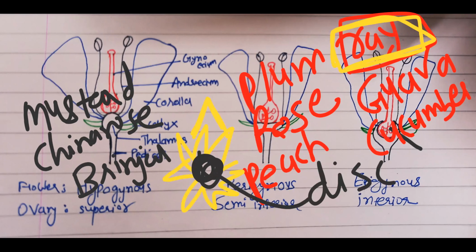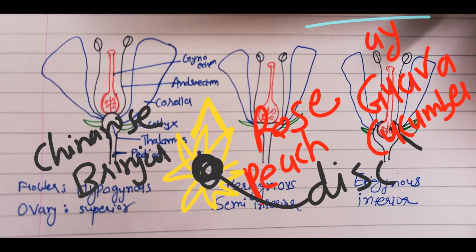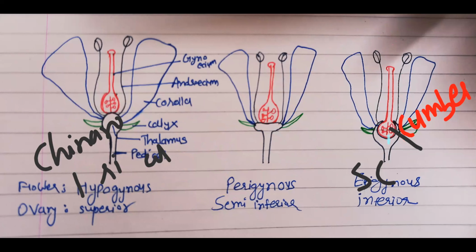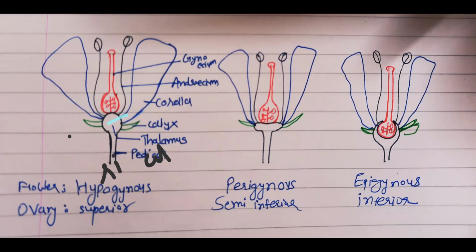Here we are talking about the yellow ray florets of sunflower, along with guava, cucumber, even watermelon. In all these, the epigynous type of flower is present. Remember each and every example. Tell me, is it clear? Types of flower on the basis of the position of the ovary.